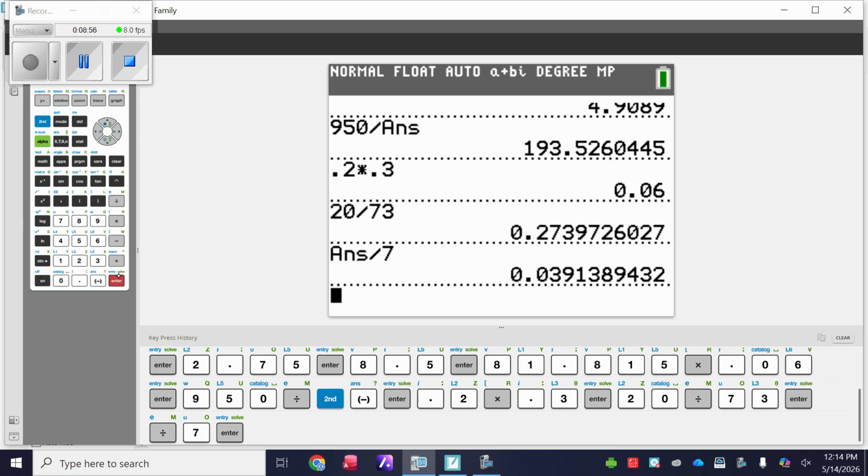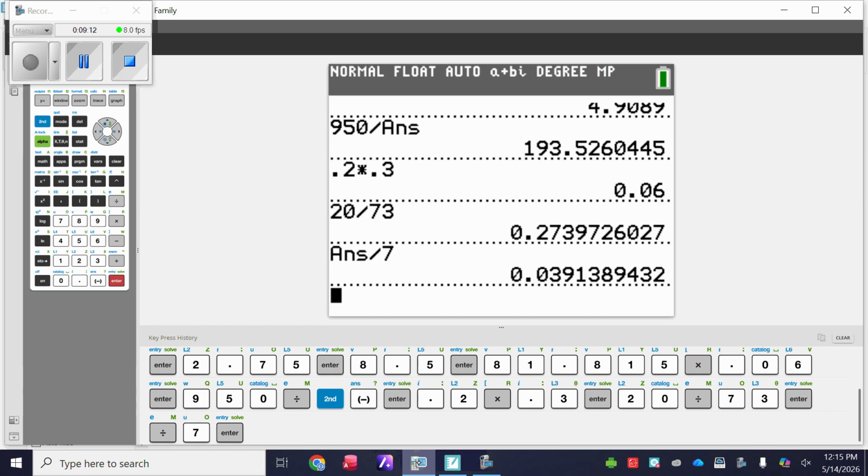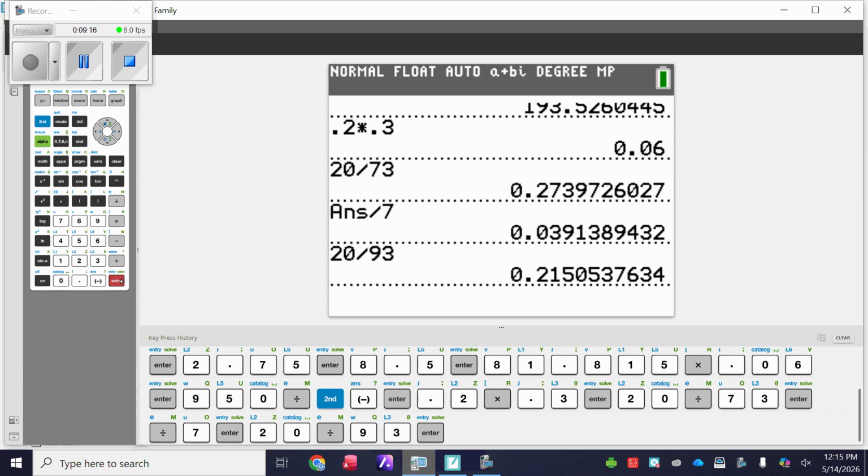So 0.03 is how big each unit is. I hope that's making sense. So each unit is 0.03. We want to know where 20 over 93 is. So 20 divided by 93 is that much.